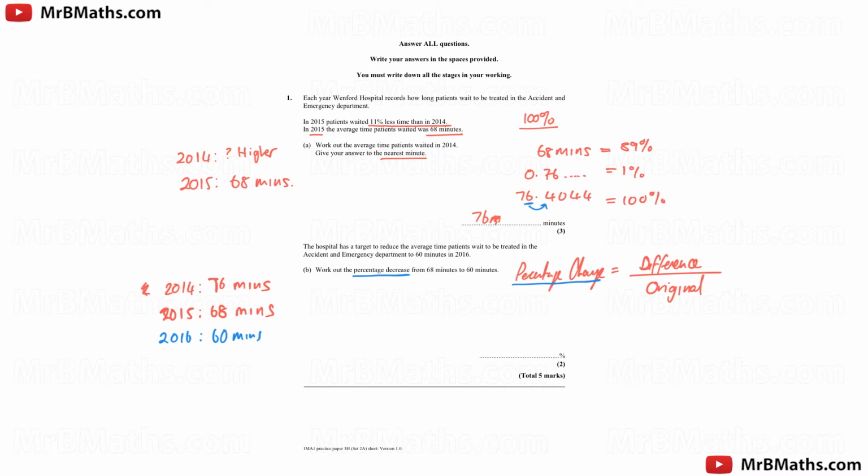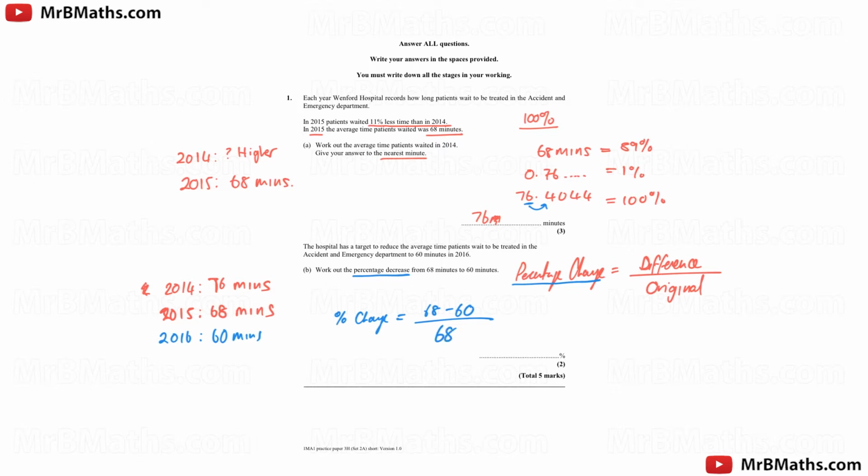So what we can do is fill that in. Percentage change equals the difference. Now the difference between 68 and 60, so 68 take away 60, over the original. In this case the original is 68 because that's the previous year.